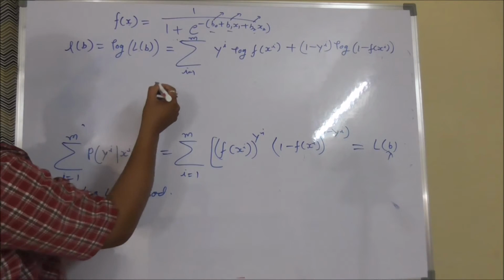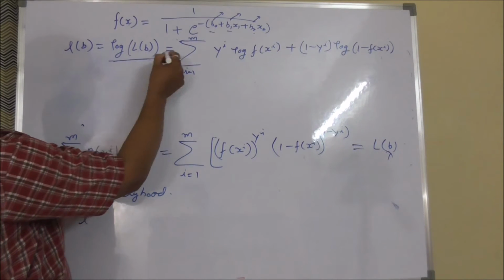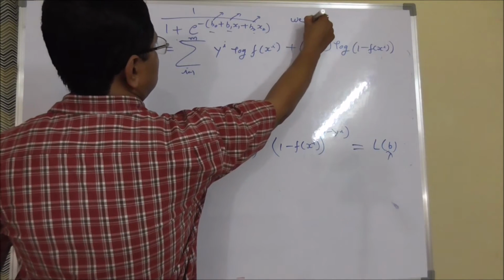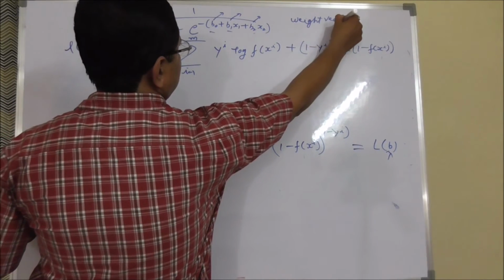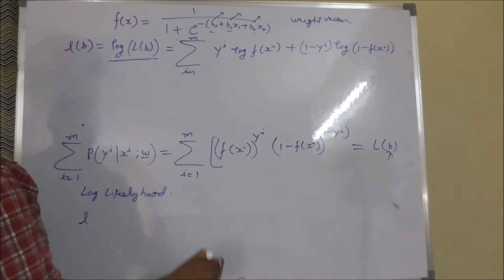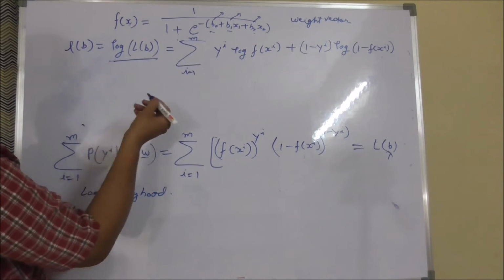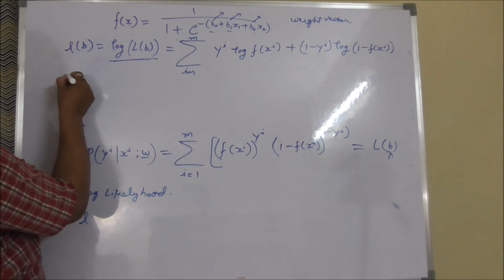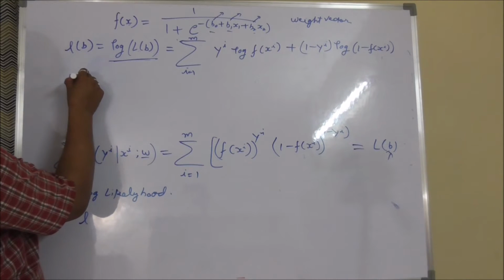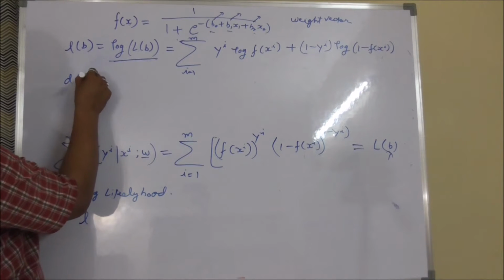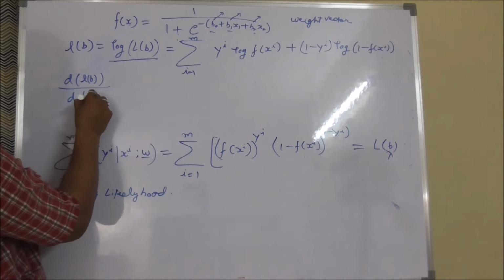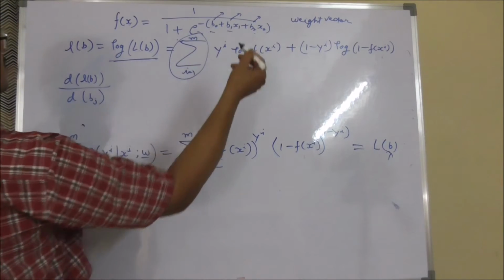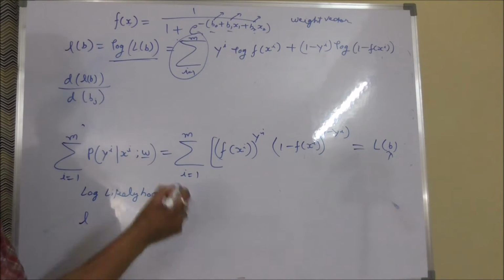Now to get the maximum values of b0, b1 and b2, we will take the maximum likelihood of this log and take the derivative of this with respect to the weight vector. So suppose we represent the weight as bj, then our derivative for maximum likelihood will be dL(b) over d bj. Now we put this one side just for simplicity of the calculation.